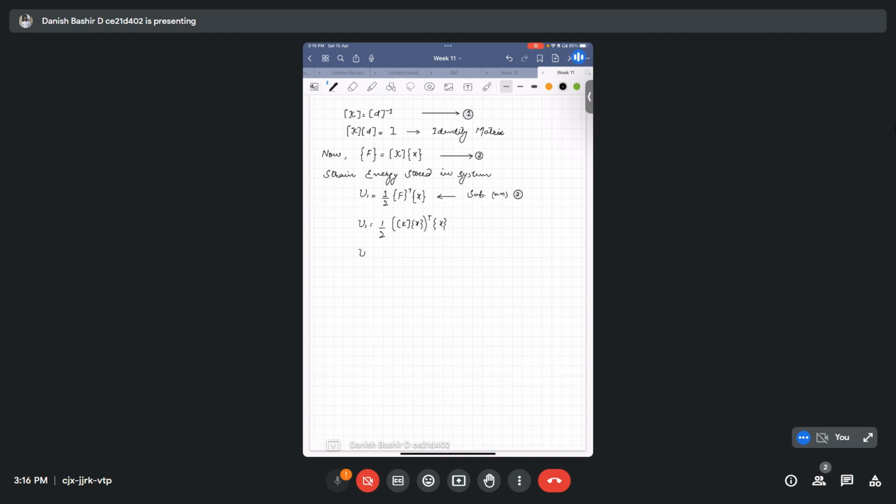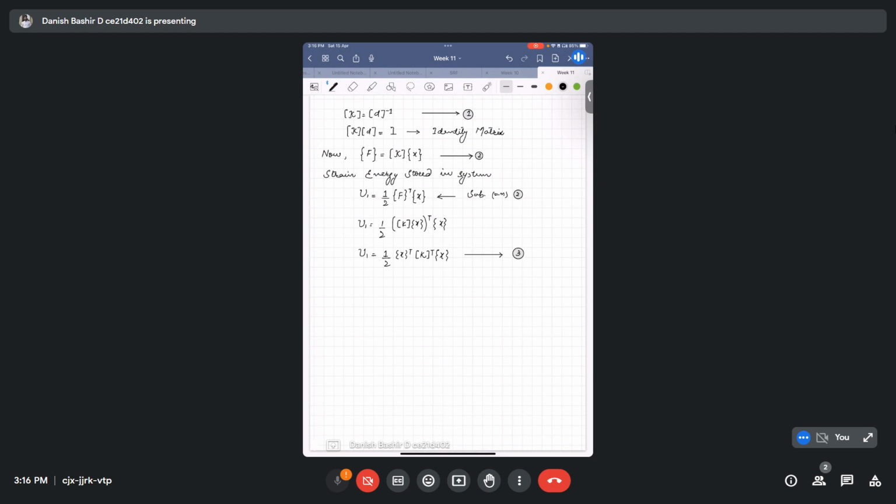So I get my strain energy U1 as one half of x transpose K transpose x, because the transpose of (AB) is B transpose A transpose. Let me name this equation three.